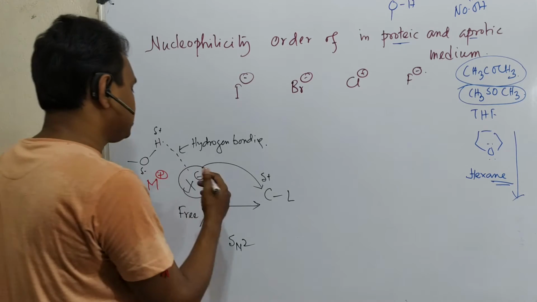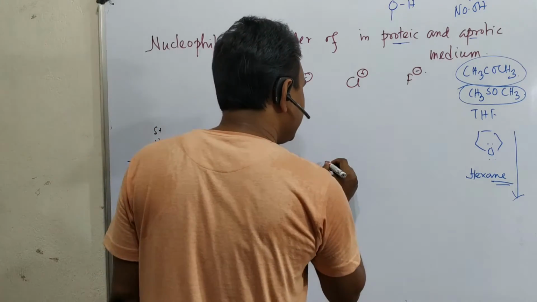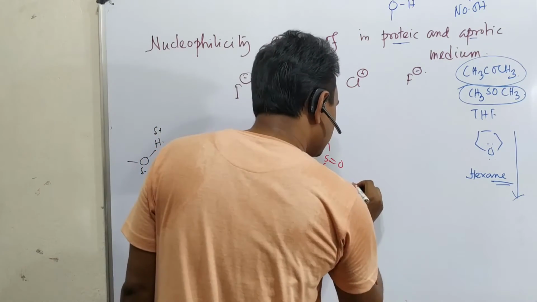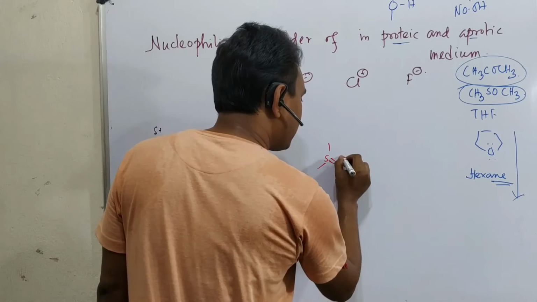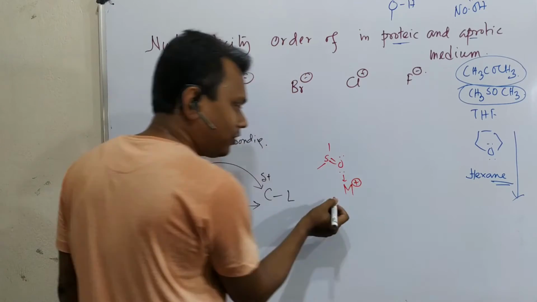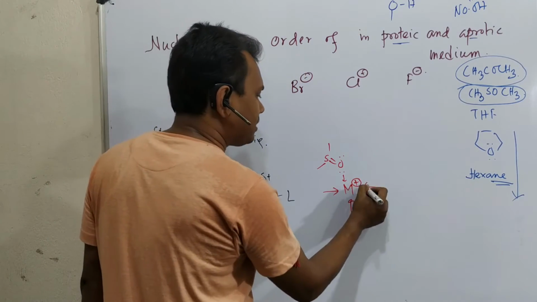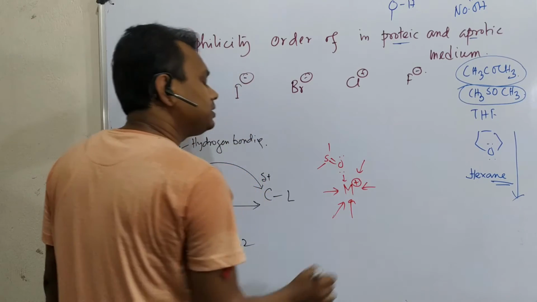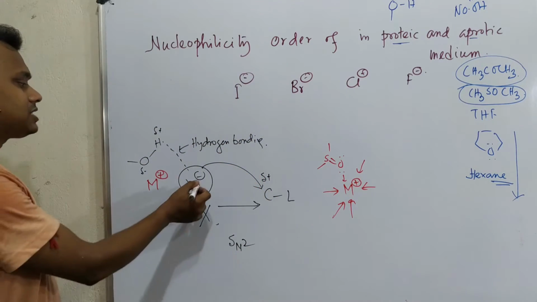Now, let's come to the aprotic solvent, for example DMSO. The M plus can be stabilized by DMSO through coordination of the lone pair of oxygen. Many coordinations are possible, I am not going into details. So this is stabilized. But will X minus be stabilized?